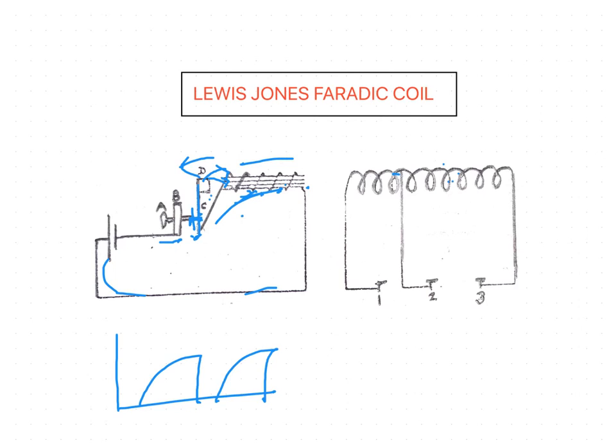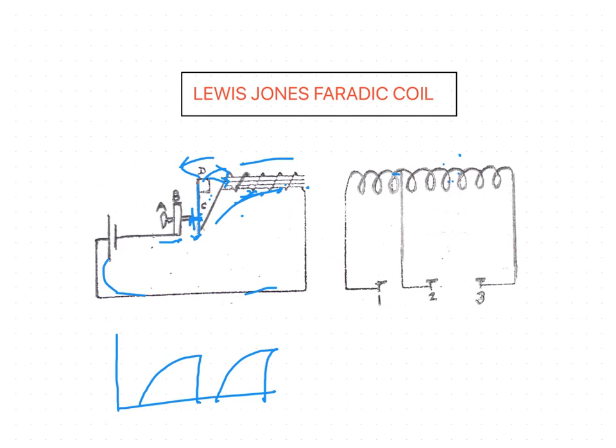This one we have already seen in basic physics. While when the primary current is falling in intensity, the induced EMF is in the same direction as that of the primary. Thus, an alternating EMF is induced in the secondary coil.